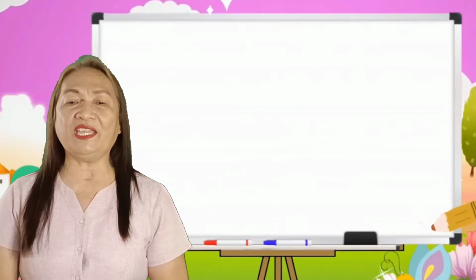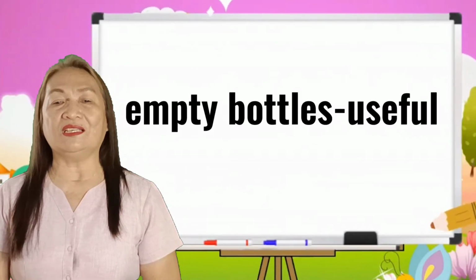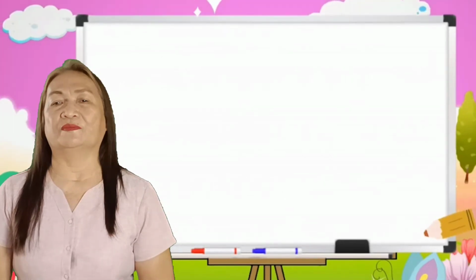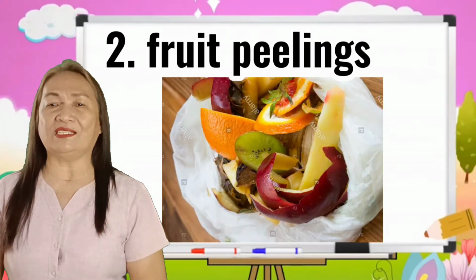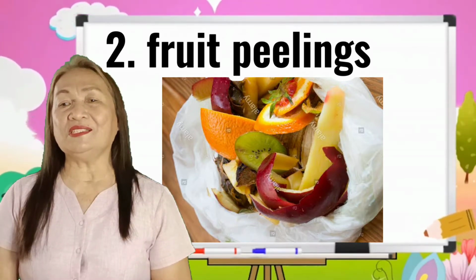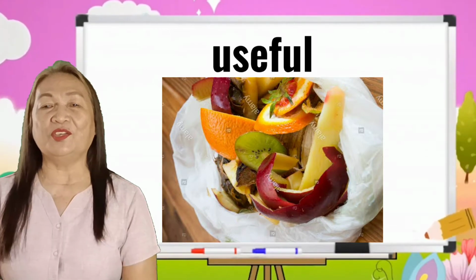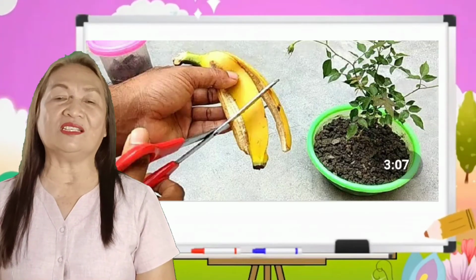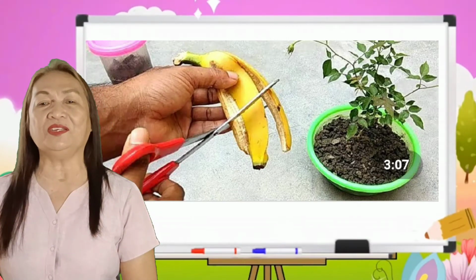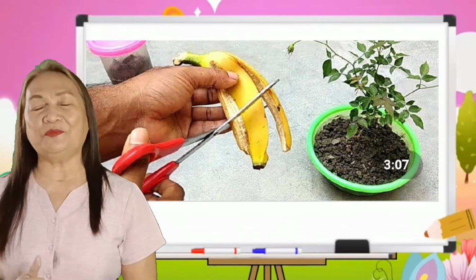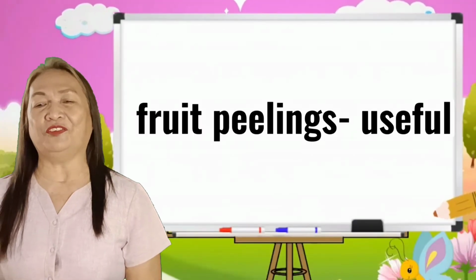So that is why empty bottle is useful. Number 2. Fruit peelings. The answer is useful. You're right. Fruit peelings can be used as an organic fertilizer when decayed. So, fruit peelings is useful.